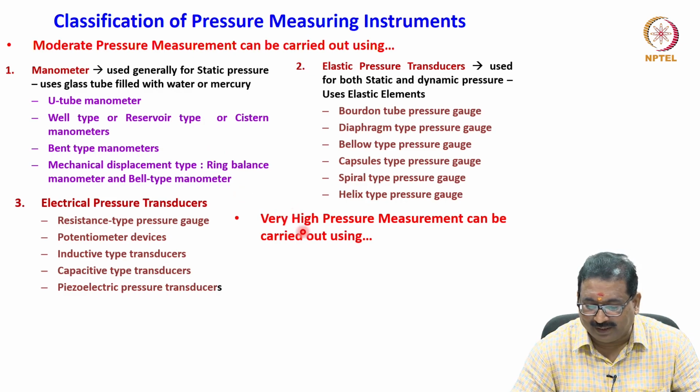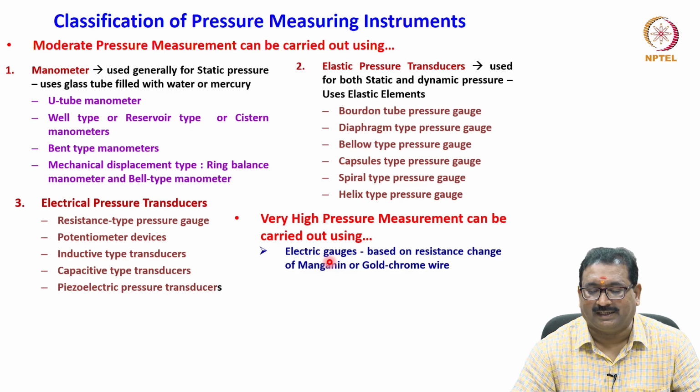If you want to measure a very high pressure, it can be carried out using electric gauges based on resistance change of manganin or a gold chrome wire.